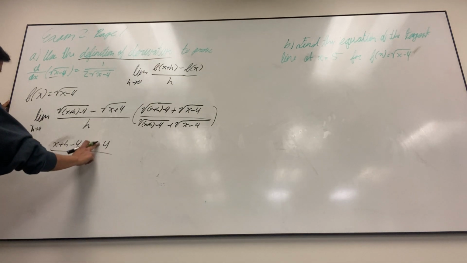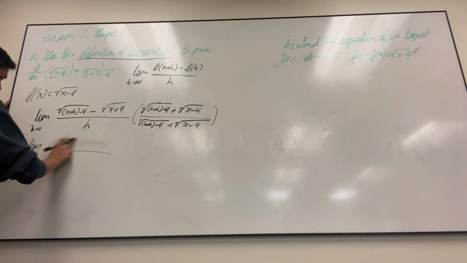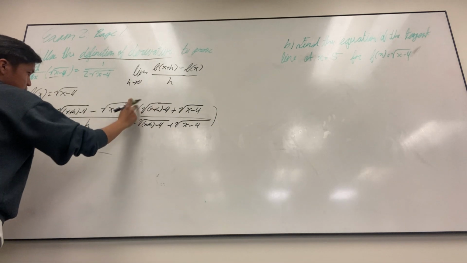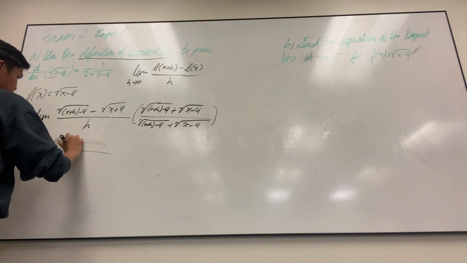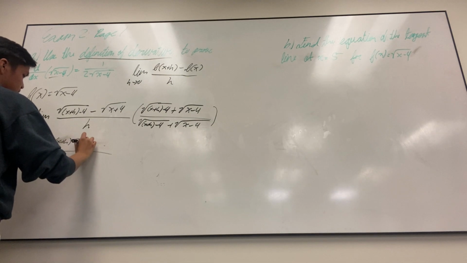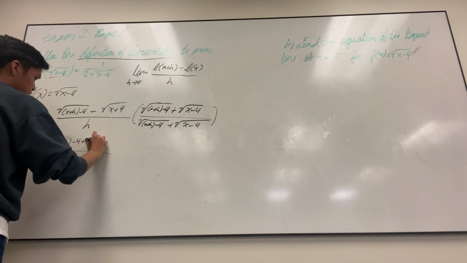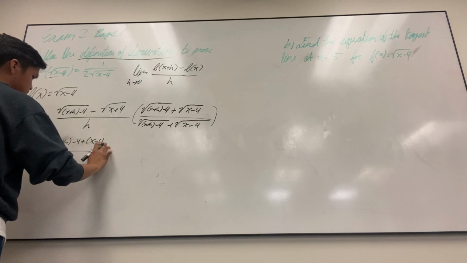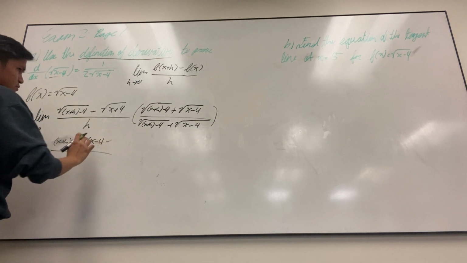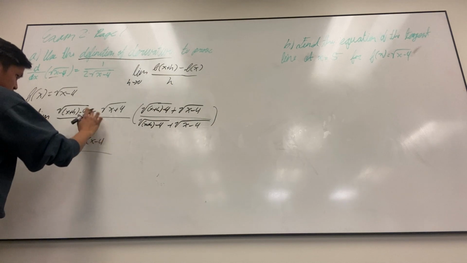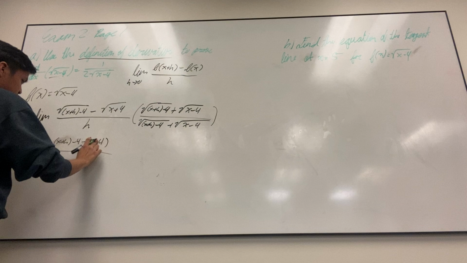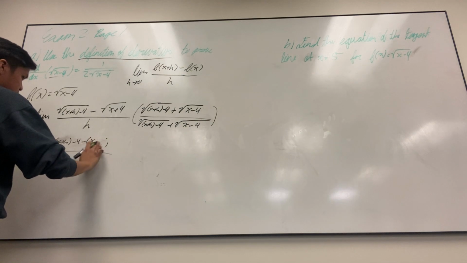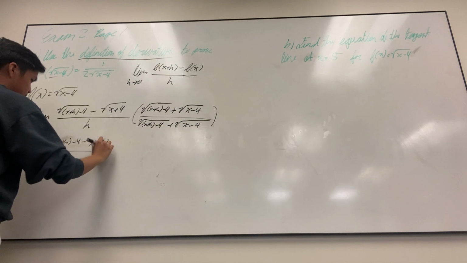I'm really messing this up. Either way, both square roots would cancel out. So this will be plus, and this should be negative. Yep, okay.